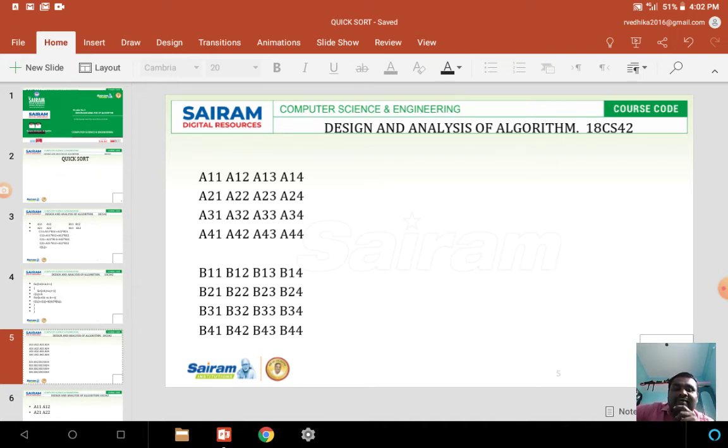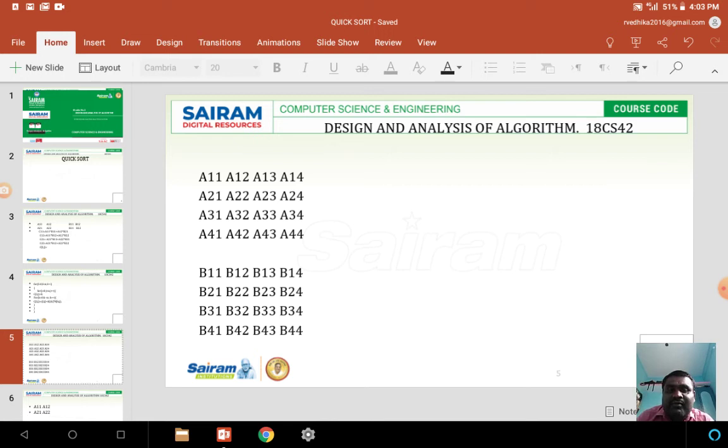Now how I am dividing: 4 will be divided by 2. It will give 2. So A11, A12, A21, A22 will be taken and assigned to A11. Likewise A13, A14, A23, A24 will be taken and assigned to A12.